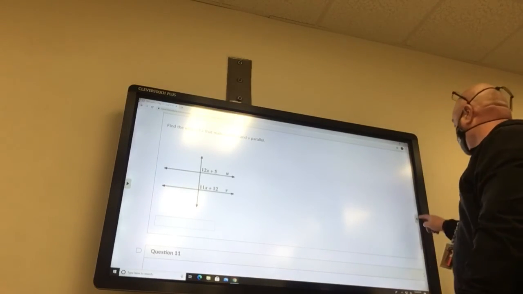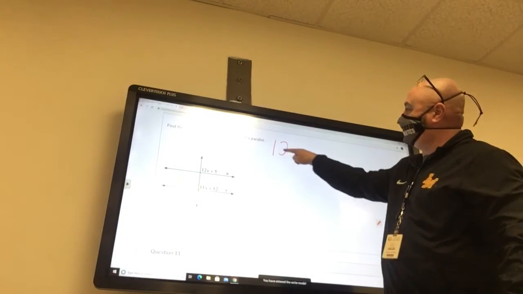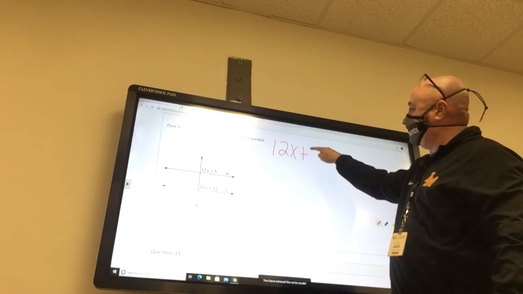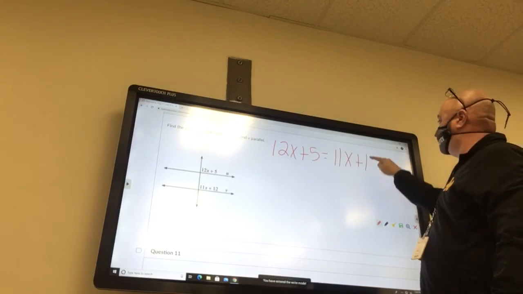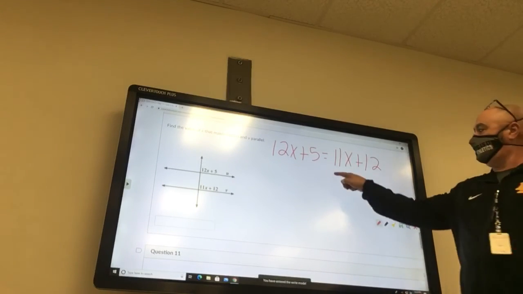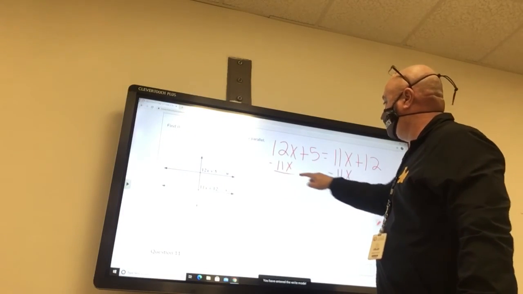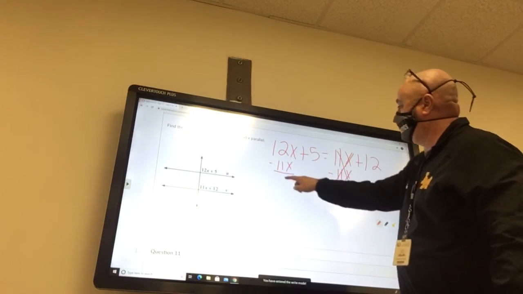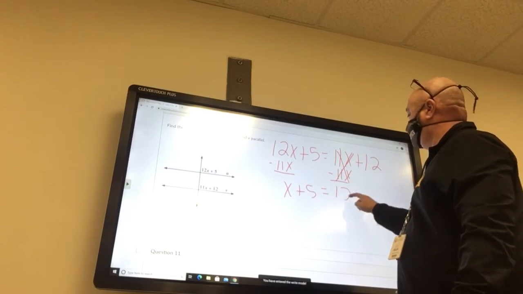So we're going to do it the same way pretty much. 12x plus 5 is equal to 11x plus 12. Subtract 11x. Gone. X plus 5 is equal to 12.